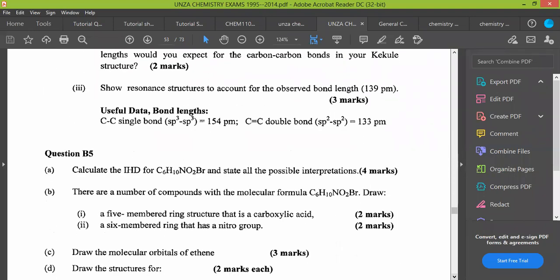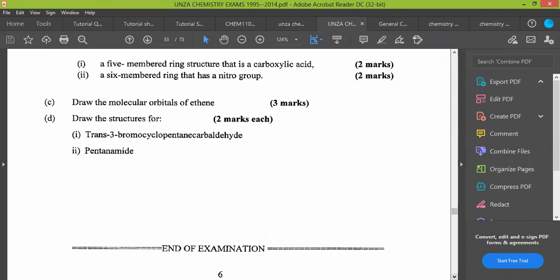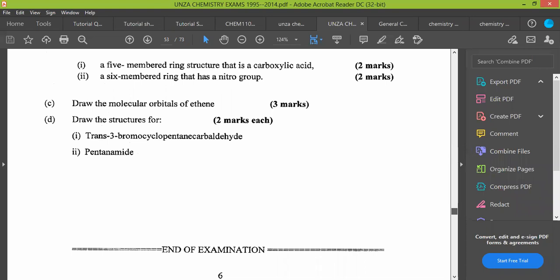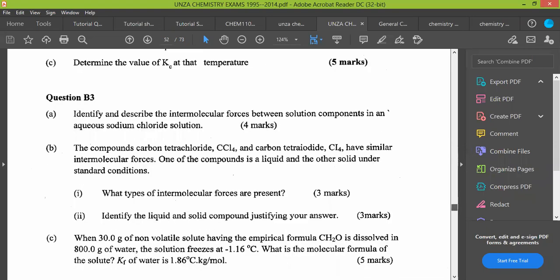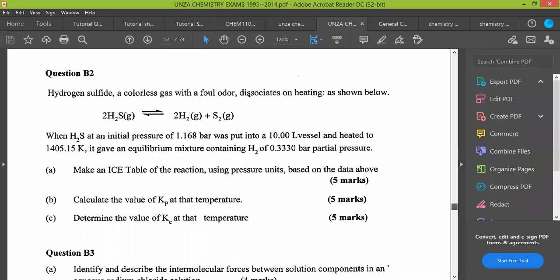But at the end of the day, when you do your calculation, it is actually the X value that you get if you paid attention to how calculations are being done. Because it might be raised to the power something, or if not, it just has a number. You still have to find the value of X. So whatever value of X you get, that's the concentration or that's the partial pressure at equilibrium.